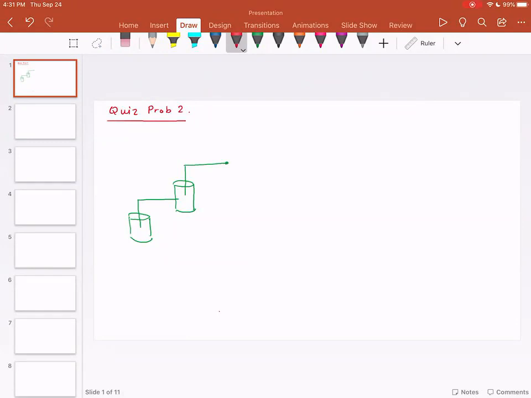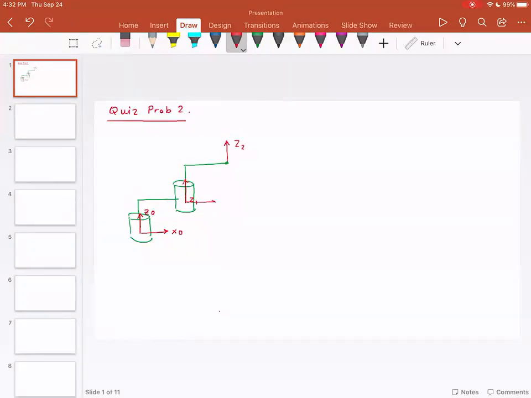Step 1 is to assign the coordinate system. This is going to be my Z0. This is going to be my X0. Again, this is going to be my Z1. This is going to be my Z2. And we have to follow the 4 rules where X1 has to be perpendicular to Z1 and Z0.